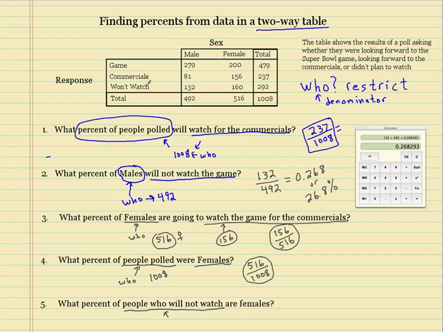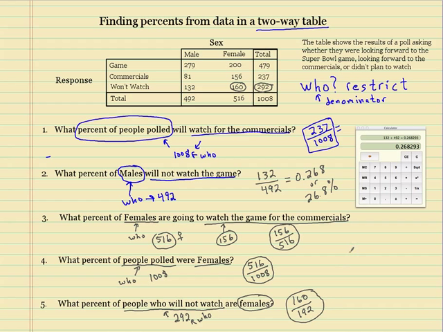Here's won't watch right here, it's the row. Over here, we have 292. That's my who. Out of these 292, how many of them are females? This is a row percent. So it's 160 over 292.